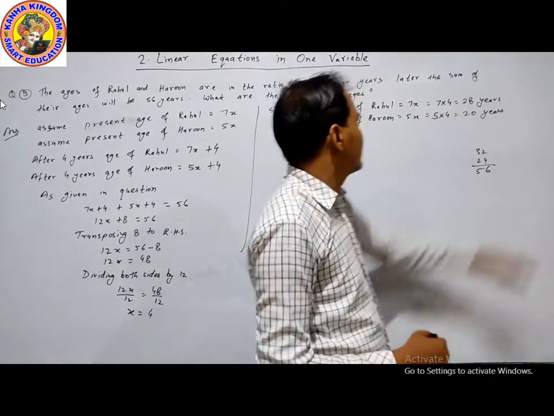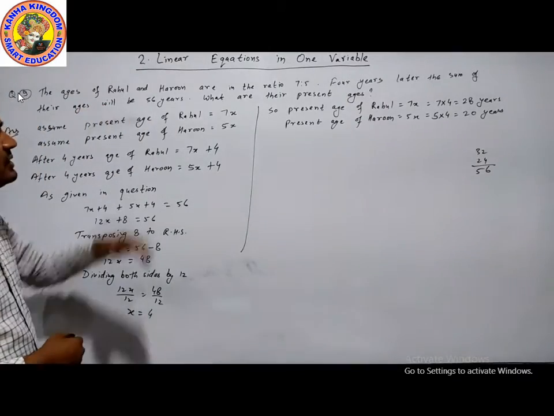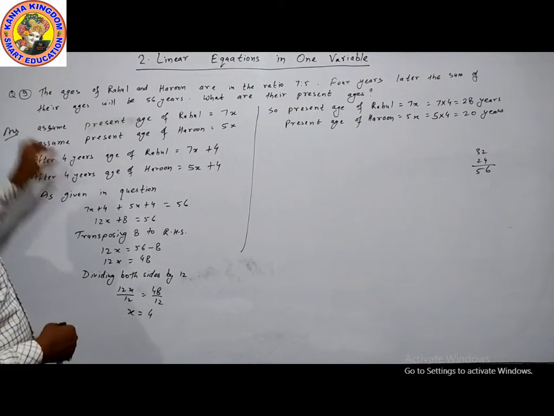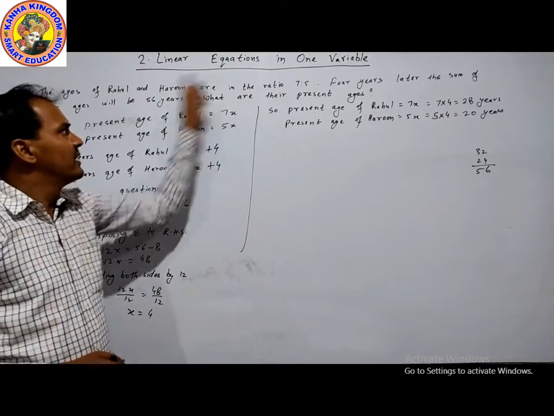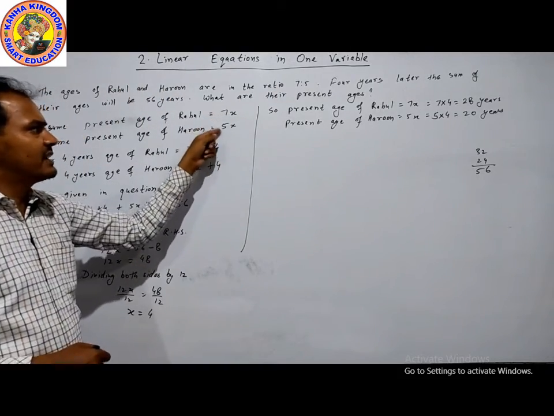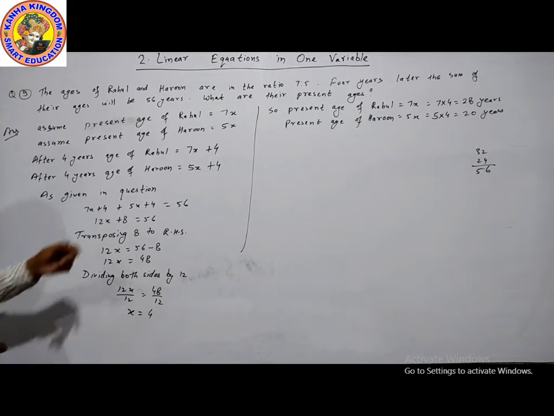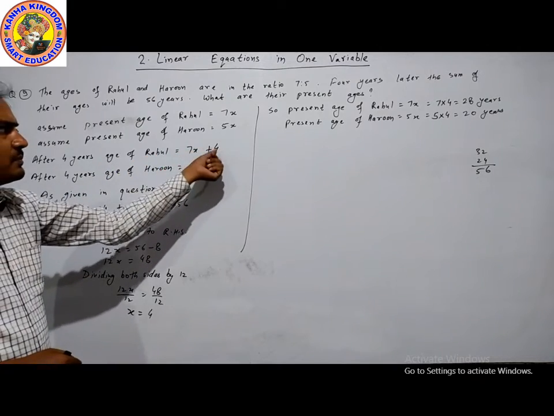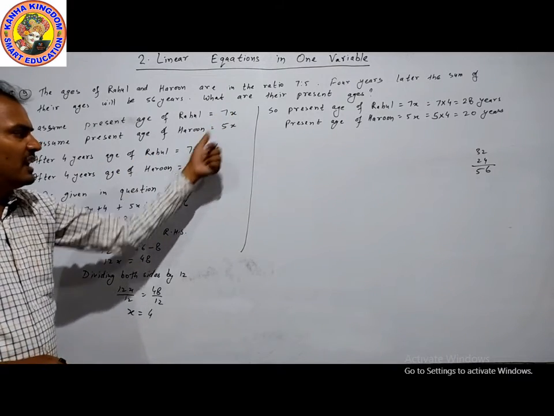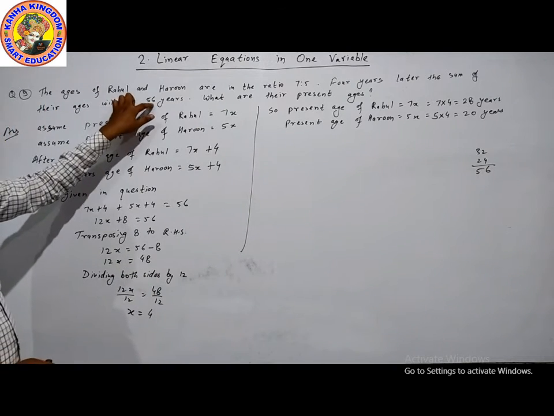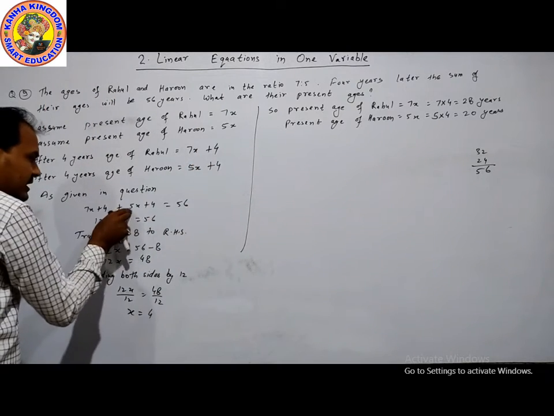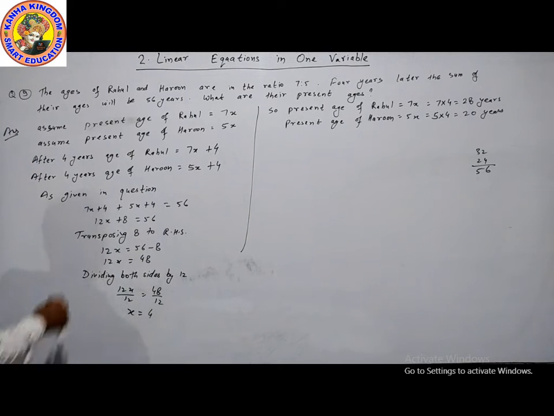After 4 years, the sum of their ages is 56. Let us assume the present age of Rahul is 7x and Harun is 5x. After 4 years, Rahul's age is 7x plus 4, and Harun's is 5x plus 4. Now the sum of their ages is 56.